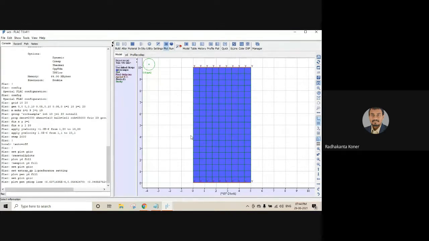Second, how much computational capacity you have; based on that you can select the number of grids, because if the number of grids is increased, the calculation will be very accurate. But if the computational power of your computer is low, then it will be very difficult.